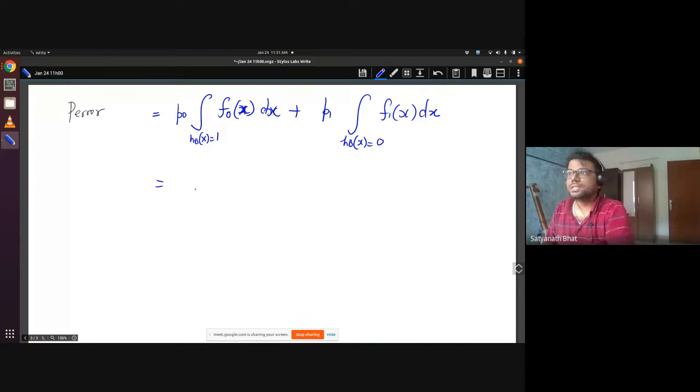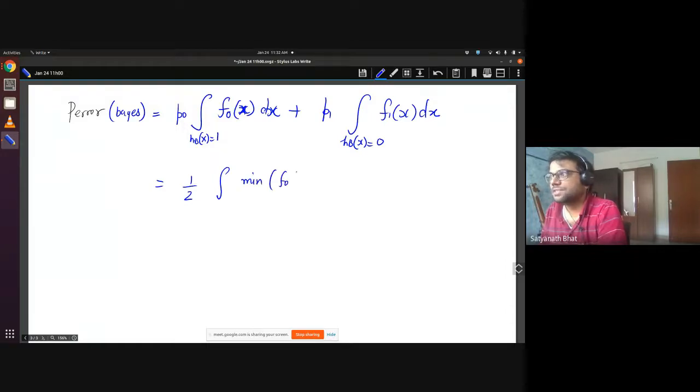In fact, for the Bayes classifier, suppose I put the probability of error of the Bayes classifier, if P0 and P1 are the same, I can say this is half times the integral of the minimum of F0 of x, comma, F1 of x dx.